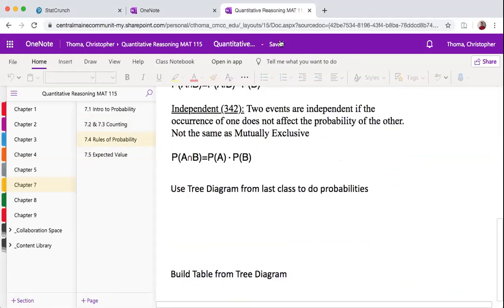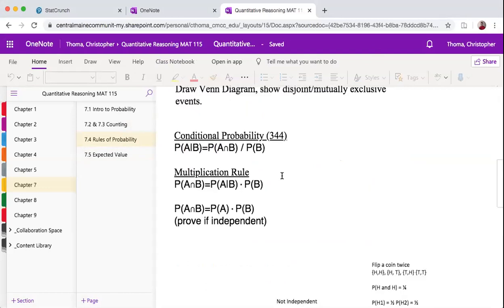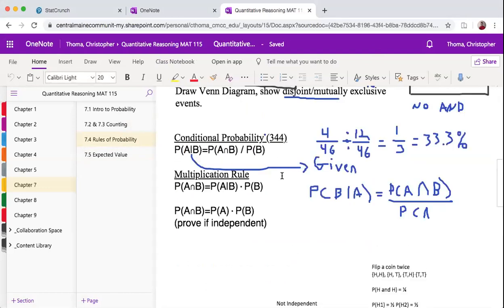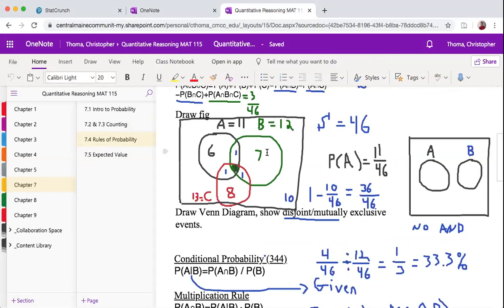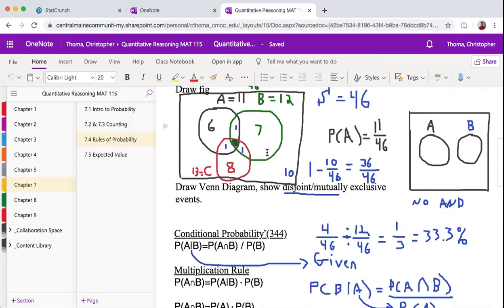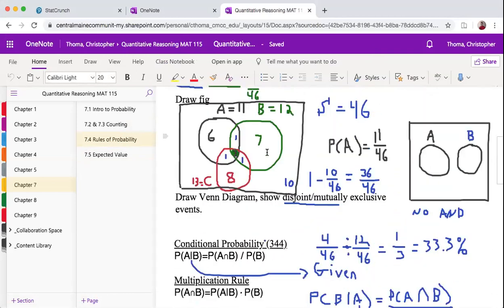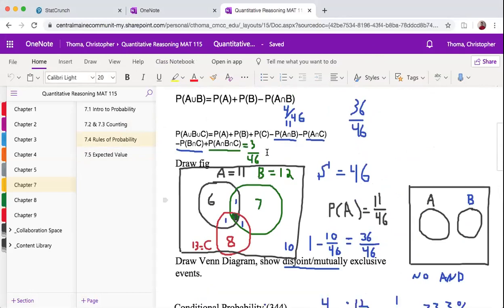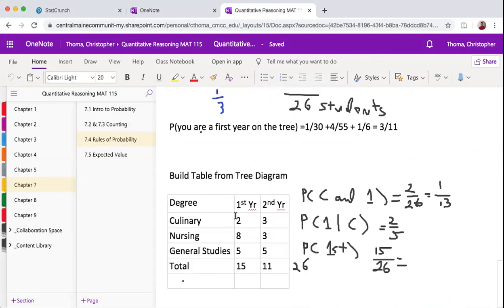Oh, wow. For some reason, all the stuff I wrote on, oh, now it's just loading slow. Okay, phew. Your Venn diagram is a good way to come up with all the different events, right? Your tree, or you build a table right from the get-go, and then you can find your expected values.